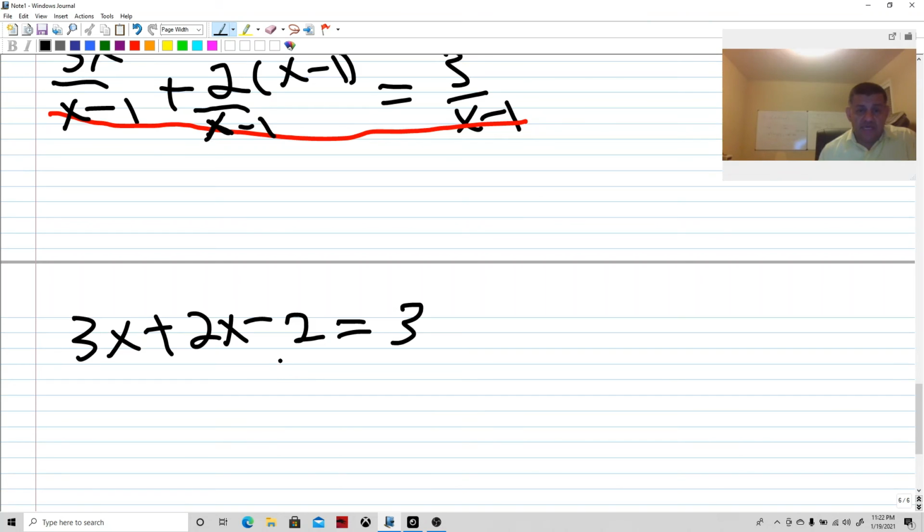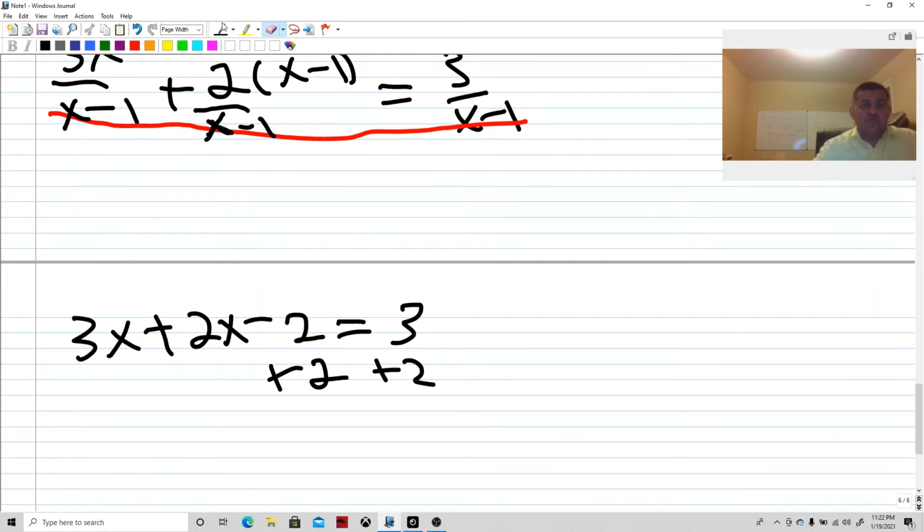So then I add 2 on both sides, right? And then 3x plus 2x is equal to this right here.